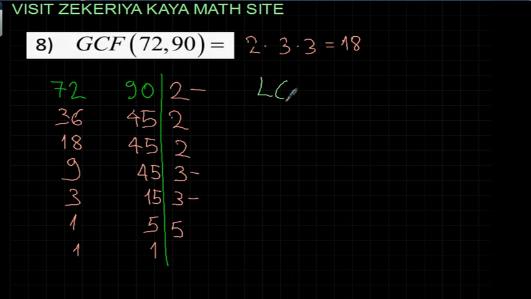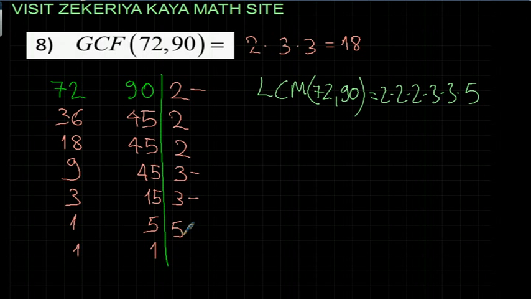Remember that to find the LCM, the least common multiple of these numbers, we must multiply everything on the right side. 2 times 2 times 2 times 3 times 3 times 5.